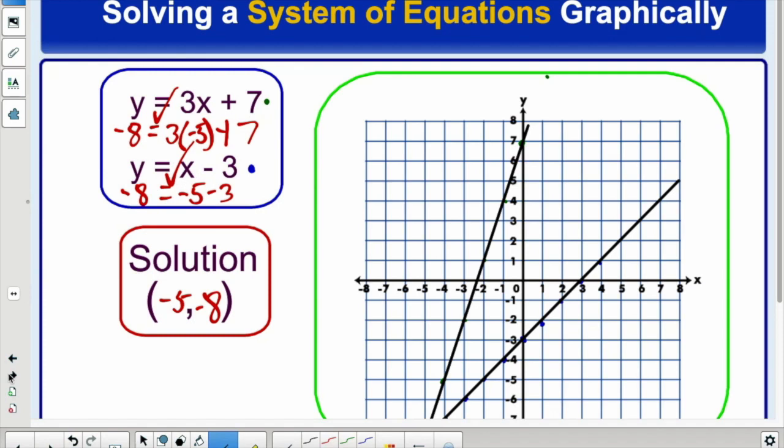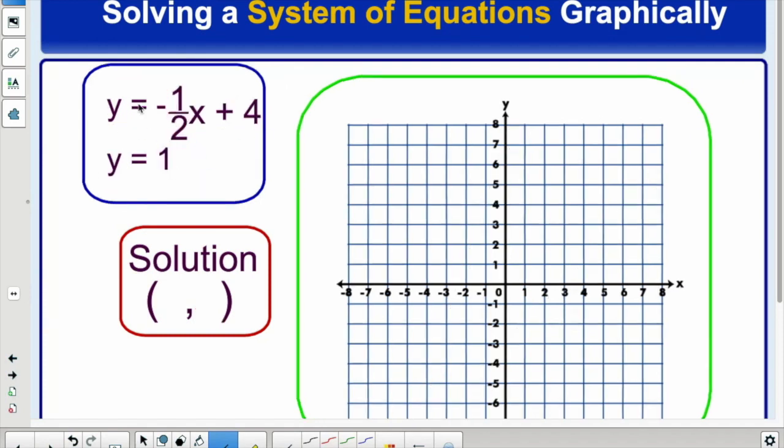For the next example, I just want to make sure that you are all familiar with graphing y equals 1, so that's why I'm going over this example. The first one would start at 4, and it goes down 1 over 2, so it would be this equation right here. And then for y equals 1, the slope is 0, so that's why there's no x value there.